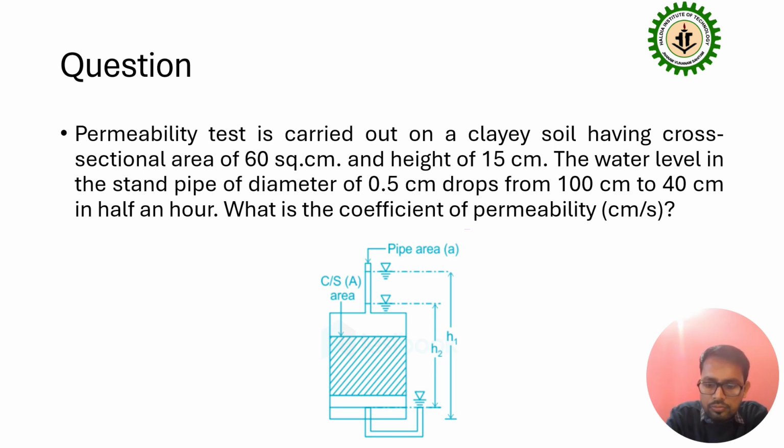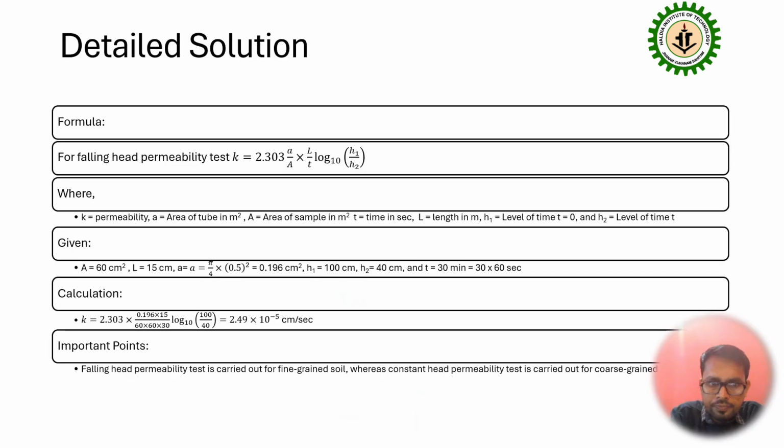Now see, the data is given already. A is equal to 60 centimeter square, L is 15 centimeter. You have to find the cross sectional area of the standpipe, that is a equal to pi by 4 into 0.5 squared, which gives 0.196 centimeter square.